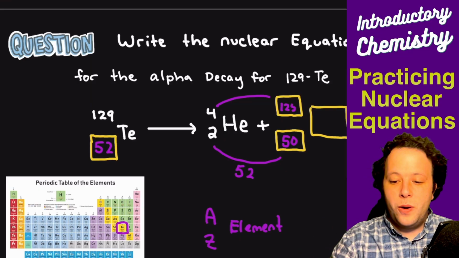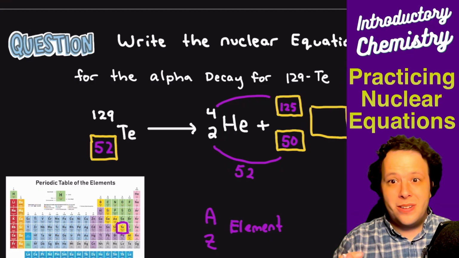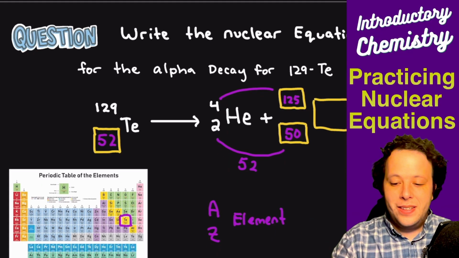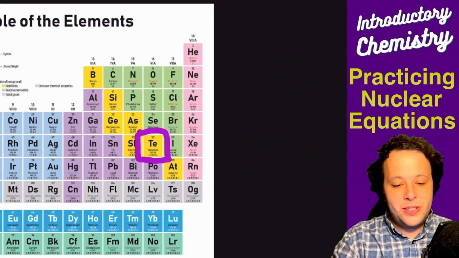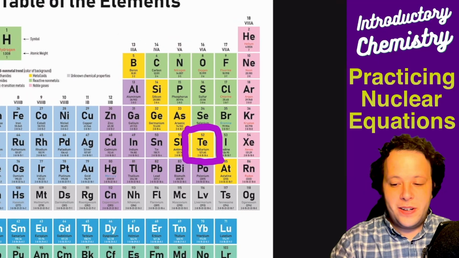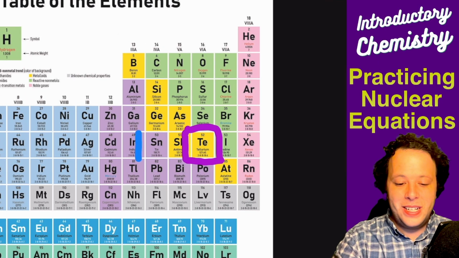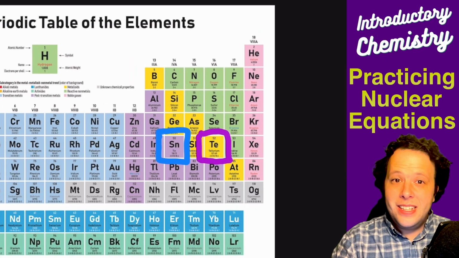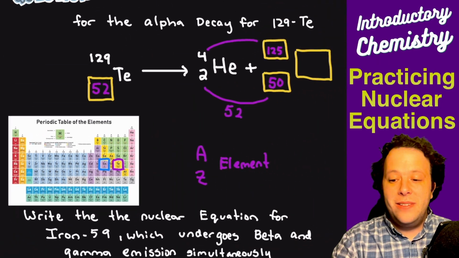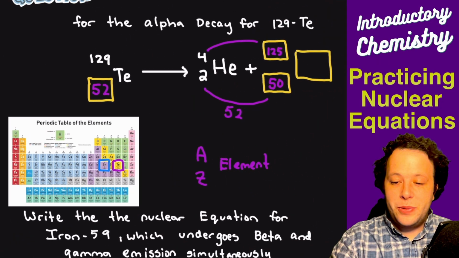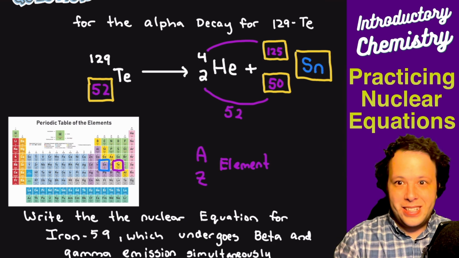So if I take 125 plus 4, that equals 129. Now I'm going to look for number 50 on our periodic table. It's kind of a game where you're always trying to find all the missing pieces. We can see that tin is 50, which is the identity, since we go off the number of protons in our nucleus.